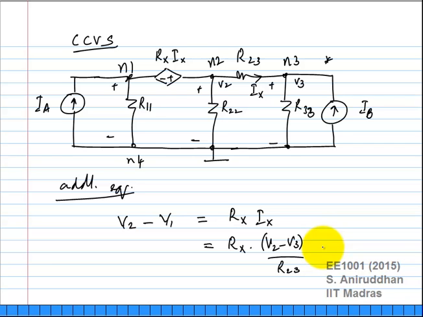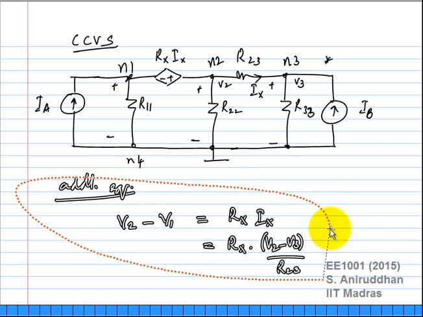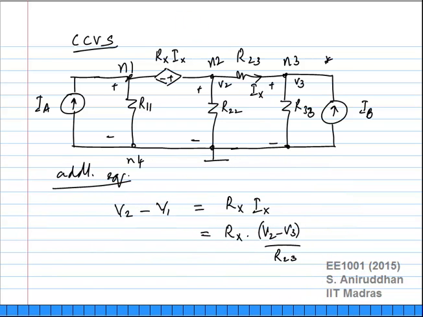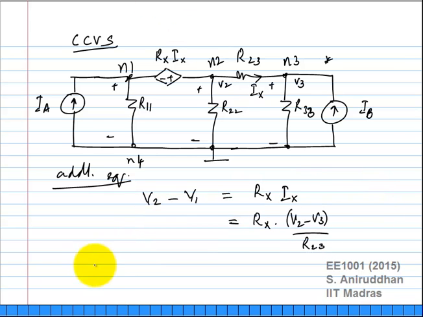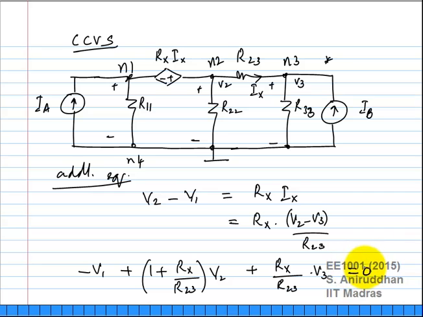What do you do next? You rearrange the equation. So the equation I would have is minus V1 plus 1 plus Rx by R23 times V2 plus zero.